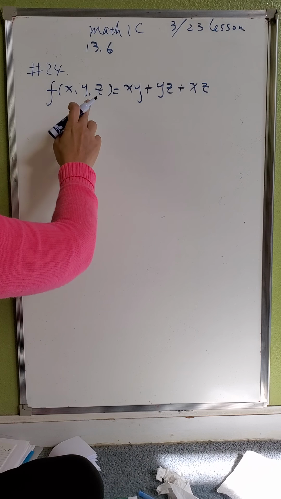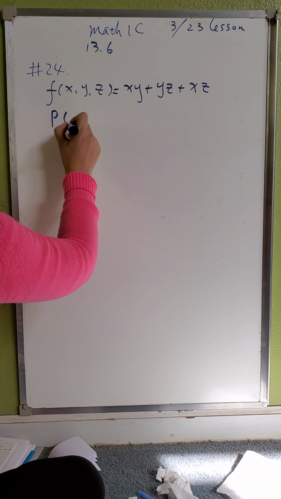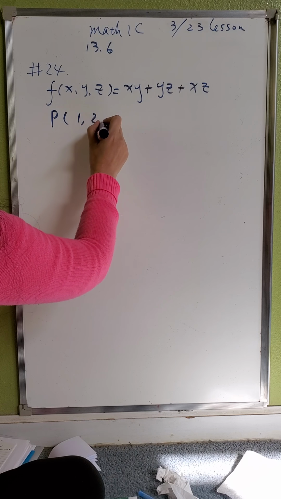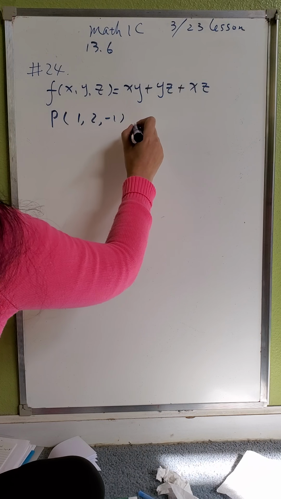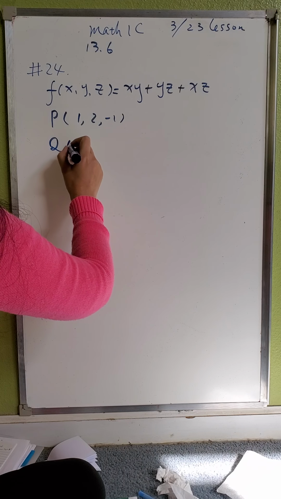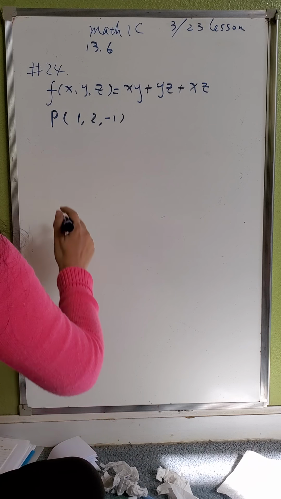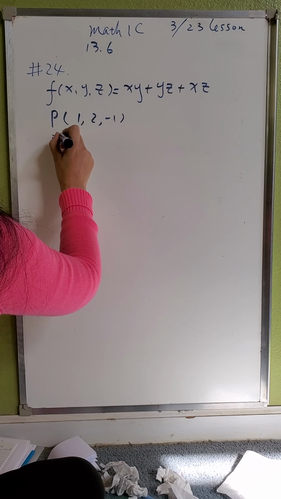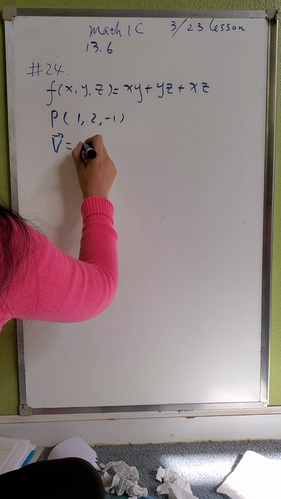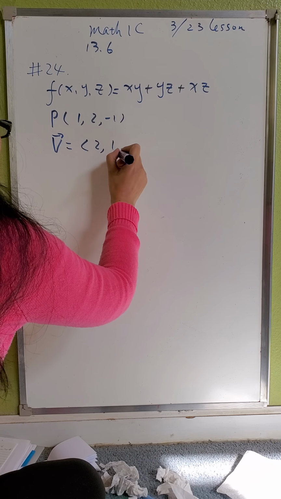So now, get the gradient. We are given a point P, which is (1, 2, minus 1). No point Q. We are given a directional vector actually, sorry about that. We get v equals (2, 1, negative 1).